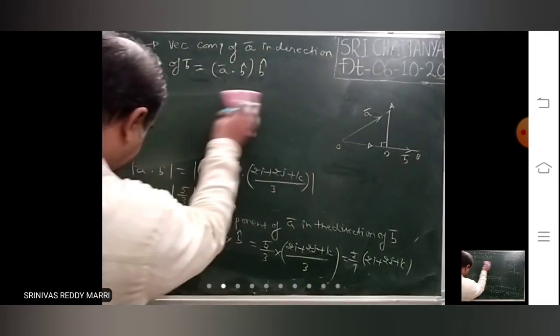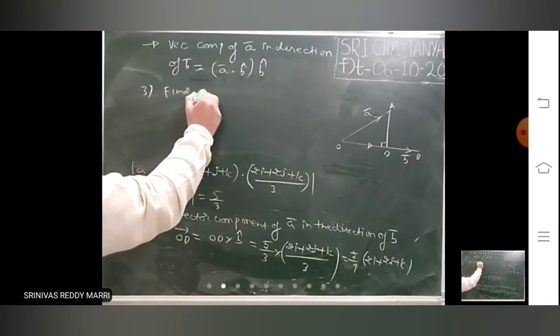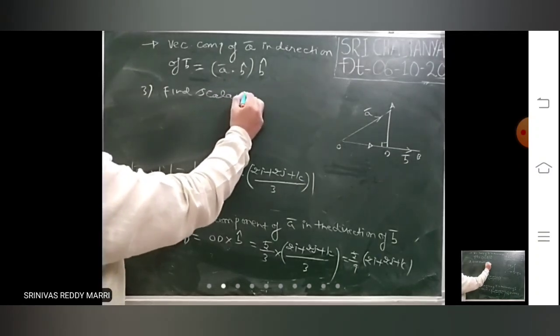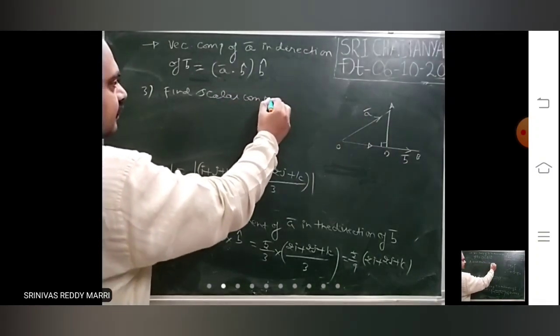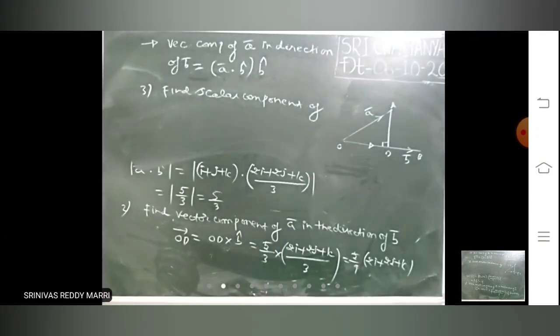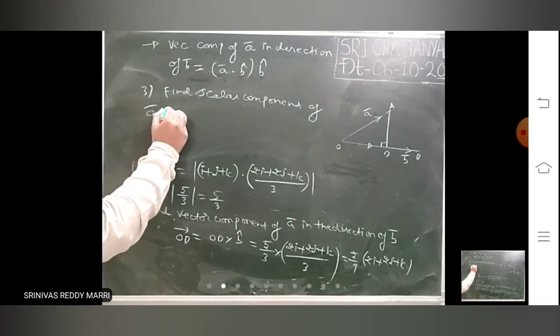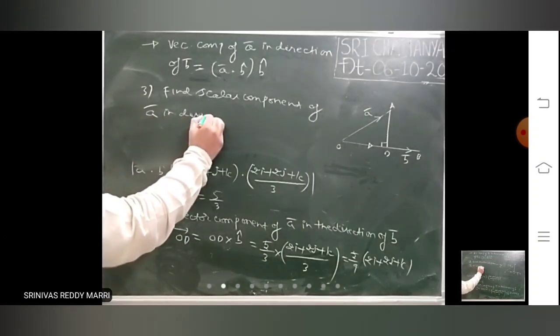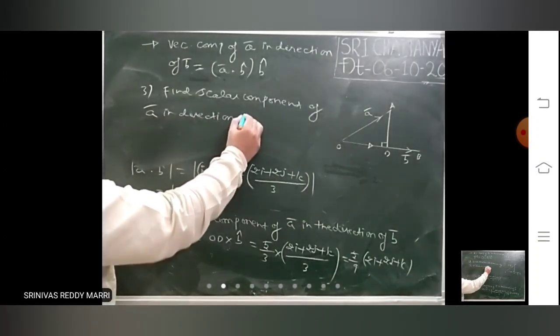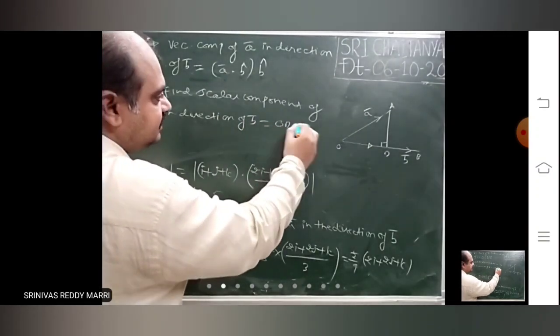Suppose next question, look at third. He will ask find scalar component of A bar in direction of B bar. This means just OD length only.